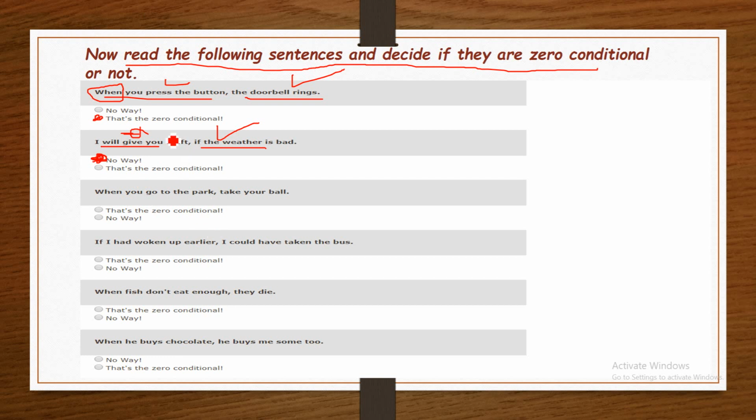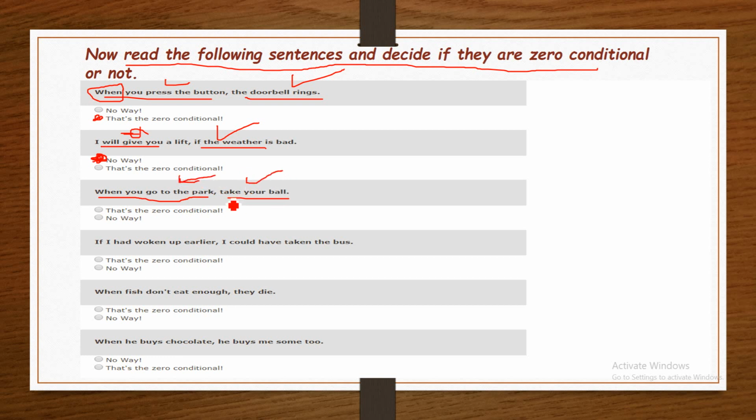When you go to the park, take your ball. What about this? Both are in present simple.